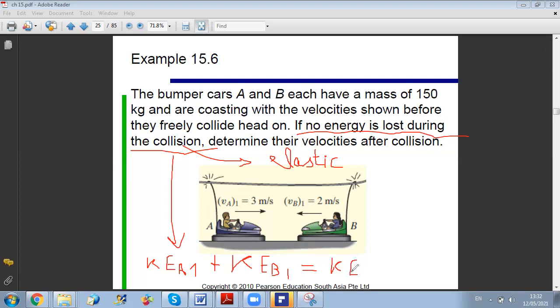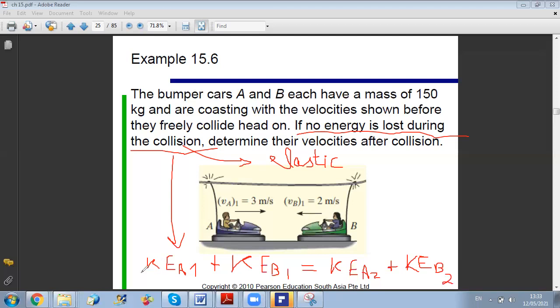So kinetic energy of A at state 2 plus kinetic energy of B at state 2. So now, in this equation, we will have two unknowns. Why? Because you know the initial velocities of both cars, but you don't know the value of the final velocities.